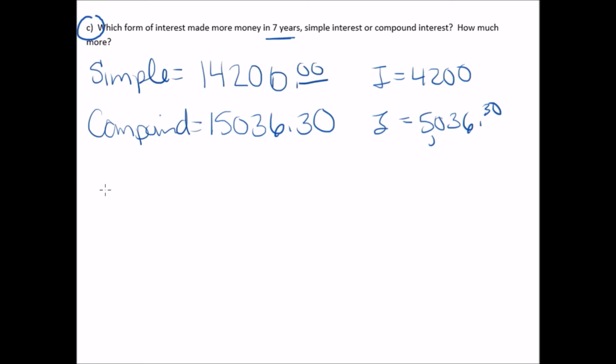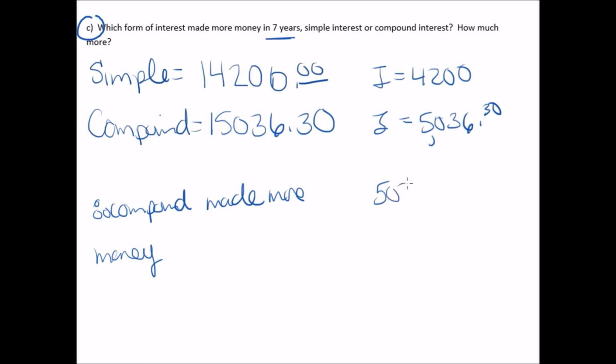Okay, so of course compound made more money, so we can say therefore compound made more money. And we can simply do 5,036.30, subtract the 4,200, and we get it made 836.30 more.